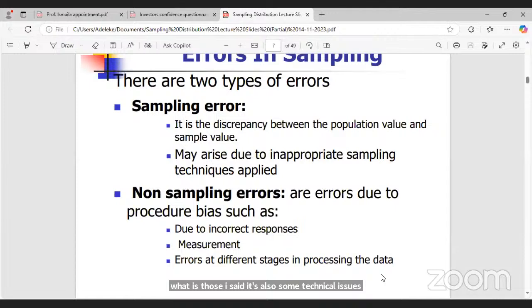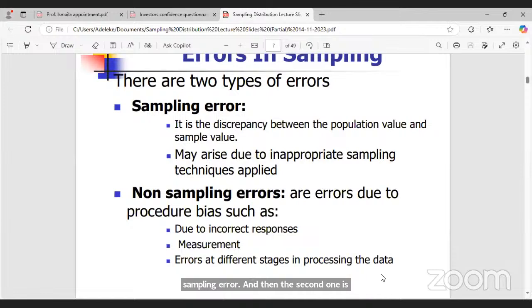It could also be that the error sets in when you are summarizing the data, when you are compiling the data, and the errors start finding their way into your estimation. So those are the two types of error that you can have when you are sampling. Remember, the first one is sampling error, and the second one is non-sampling error.